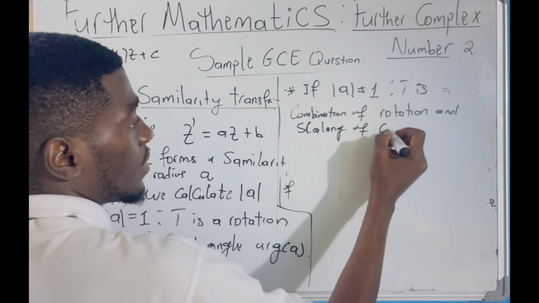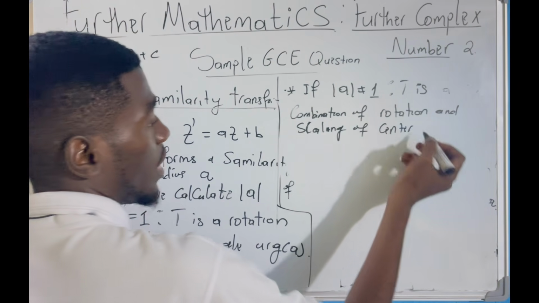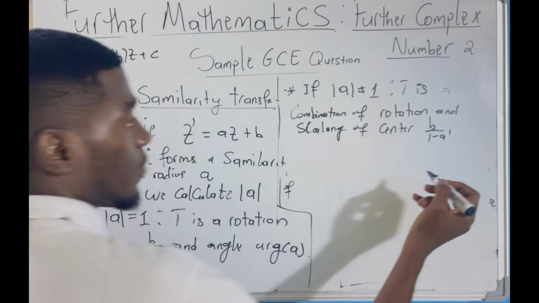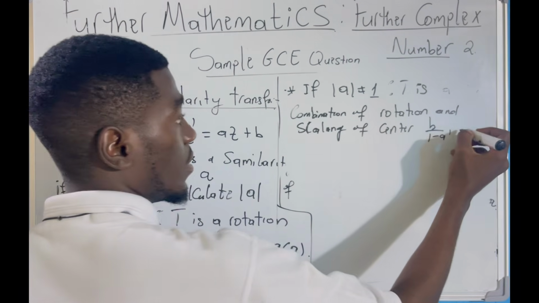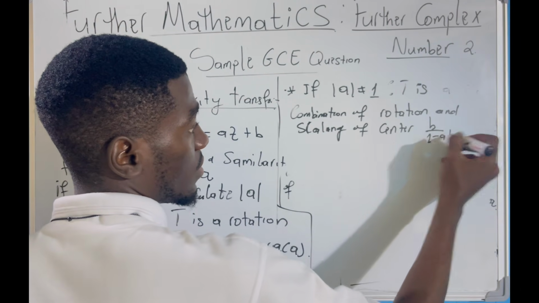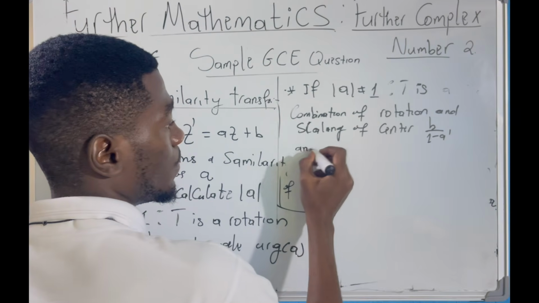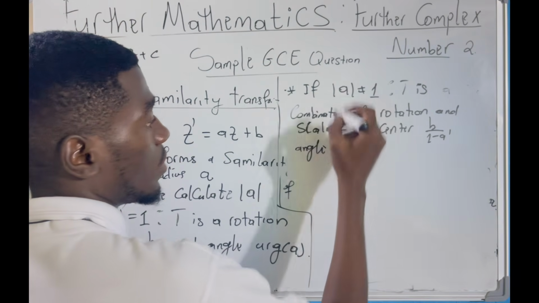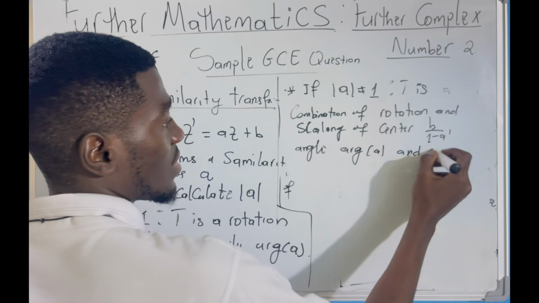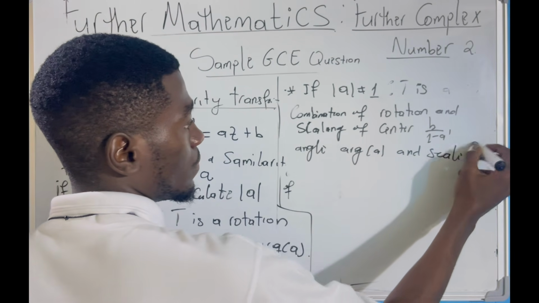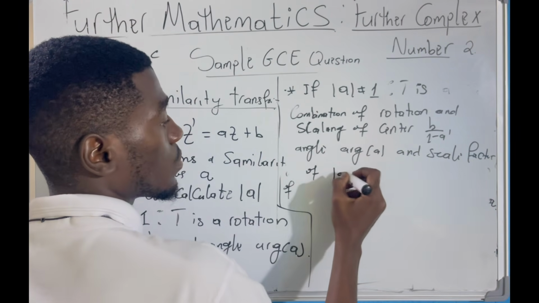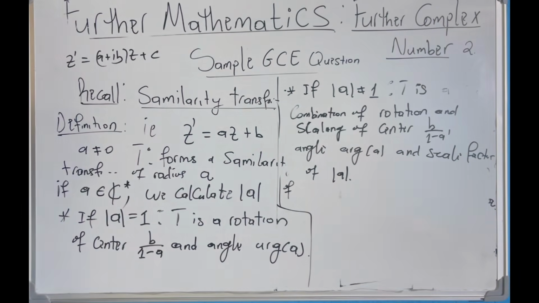of center B over 1 minus A, angle, now angle is what? Argument of A, and at the end scale factor, the modulus of A. As simple as that.